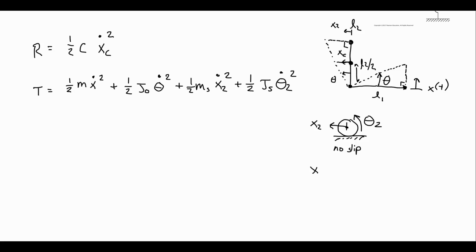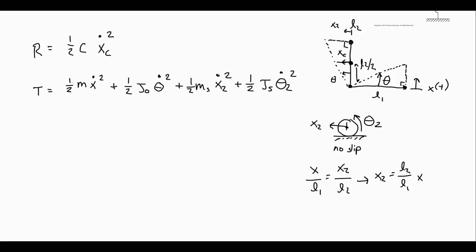So the ratio of X to L1 is the same as the ratio of the corresponding parts of the other triangles. So let's start with X2 over L2. Right, so I want to substitute out the X2. So X2 is going to be L2 over L1 times X.